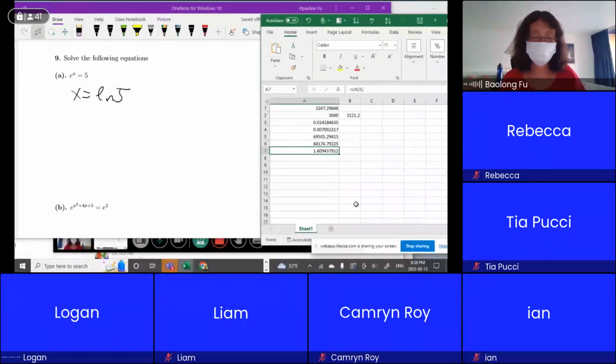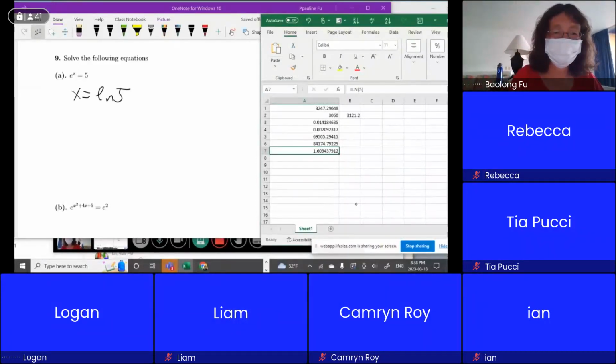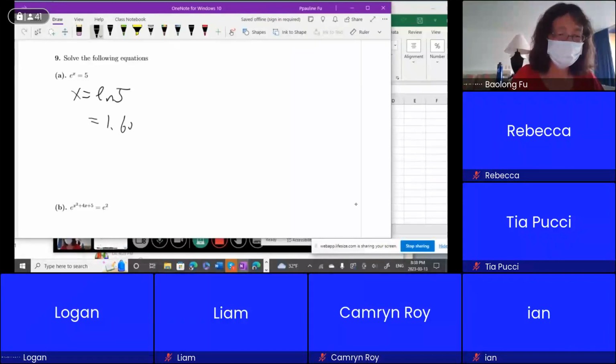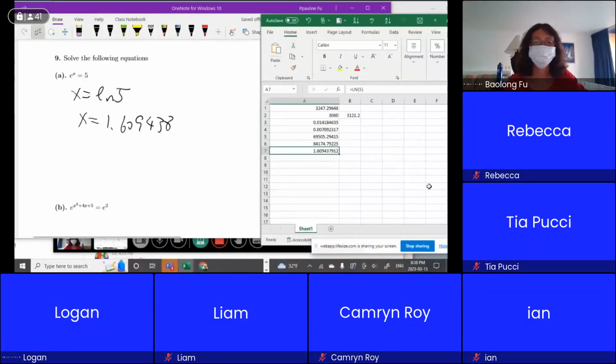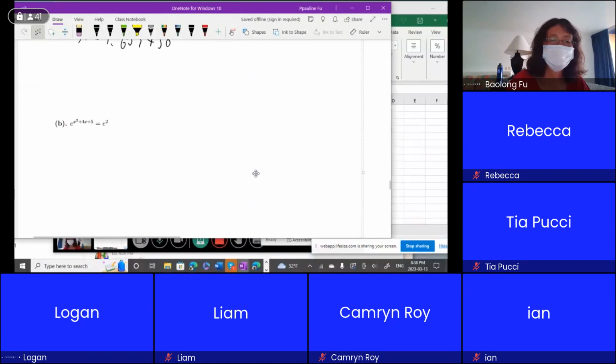equal to 1.6094. Question B. E raised to power equal to E raised to power 2. So let the power part equal.